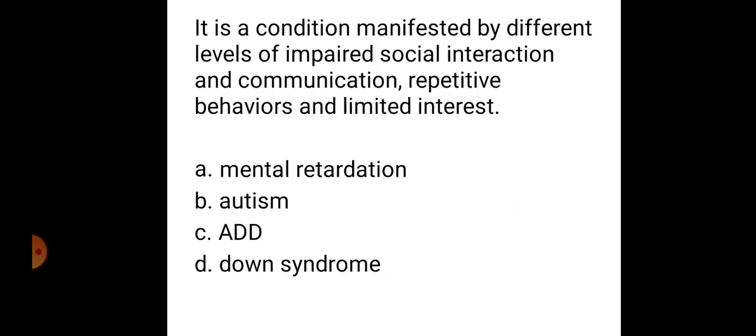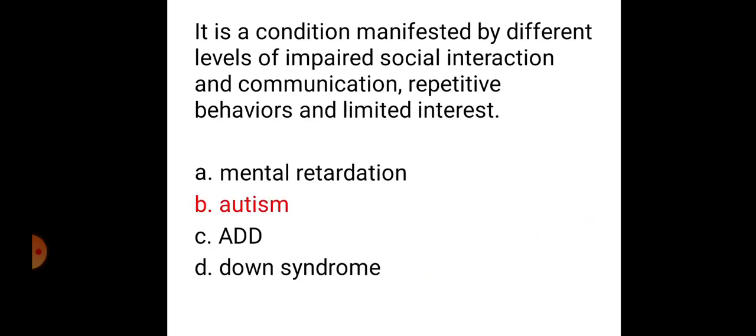It is a condition manifested by different levels of impaired social interaction and communication, repetitive behaviors, and limited interest. So of course, mo ni sila mga tao nga lisod kaayo makipag-interact sa uban. Answer is, dili na gina Down syndrome, ADD, mental retardation. Answer is autism. And we have different levels of autism.